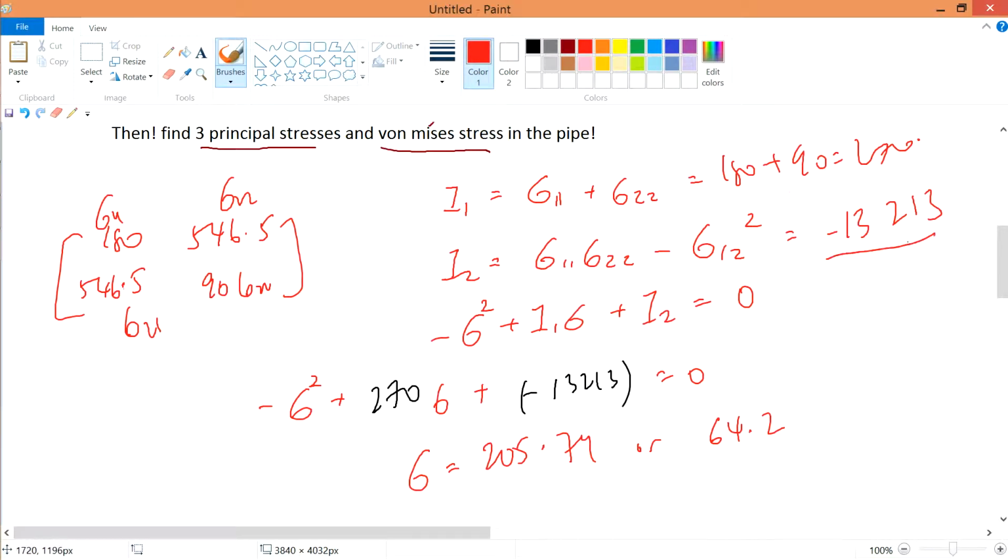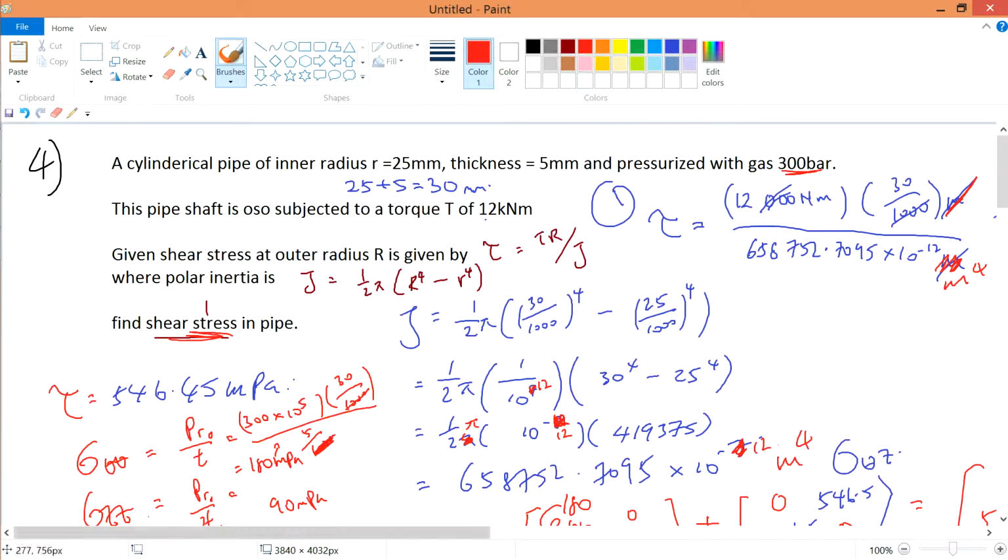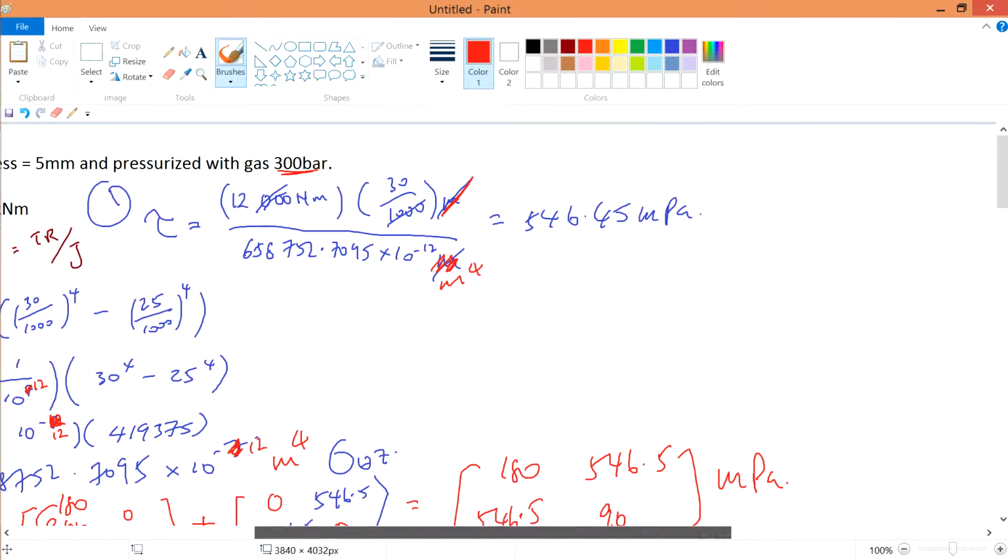This is the calculation for when 54.65 is used. So therefore we have proved to ourselves that our calculation for the shear stress from the very previous part should be 54.65.